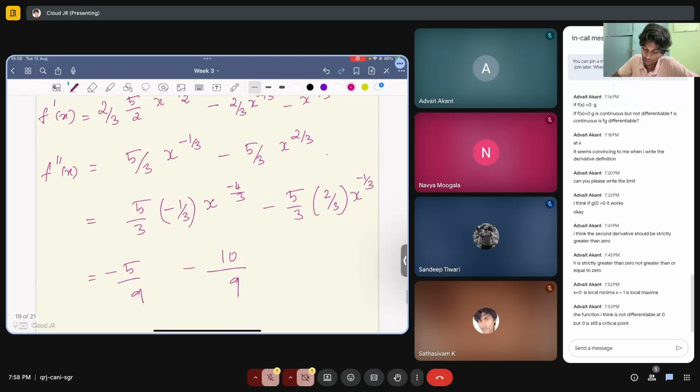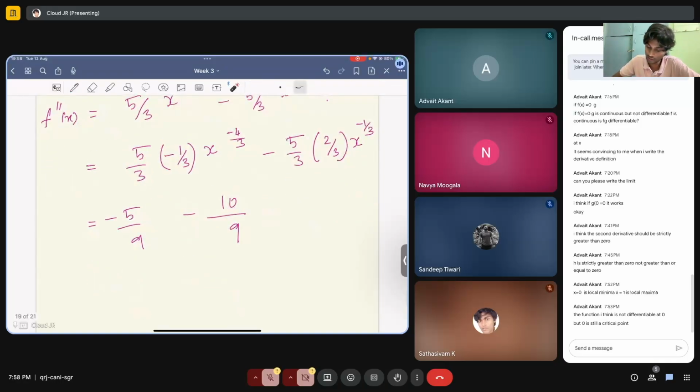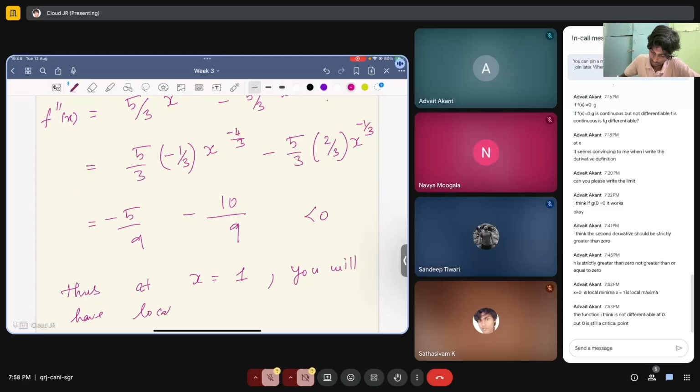Just a minute here. Yeah, minus 10 by 9. So here you can clearly see that this is strictly less than 0. Okay, so thus at x equal to 1, you will have a local maxima.